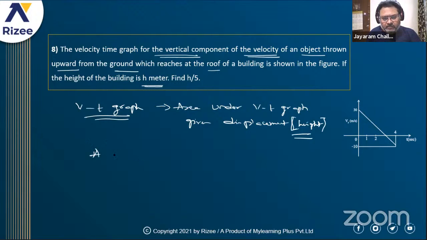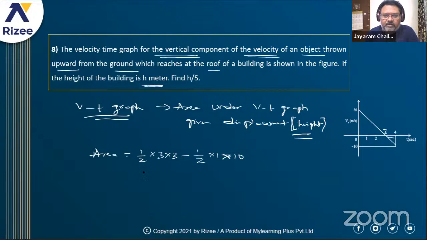So area. Two triangles are there. One is half base into height. So for the first triangle, half into base is 3 into height is 30, minus the second one. Second one is on the inverse relationship, so it will be the minus of half into base, this is 3. Then this distance is 1 and the height is 10.